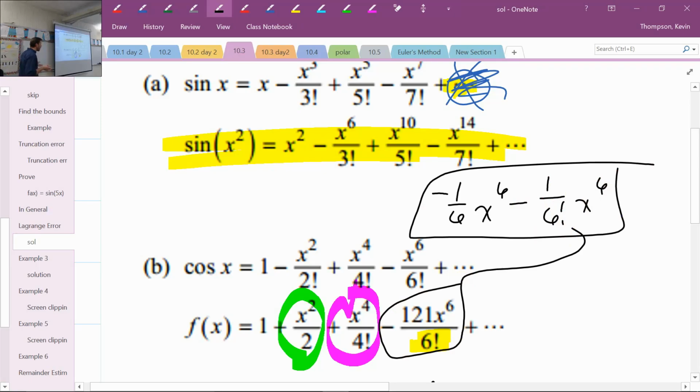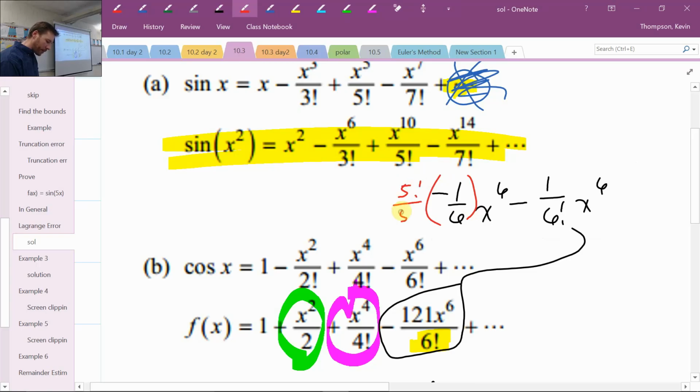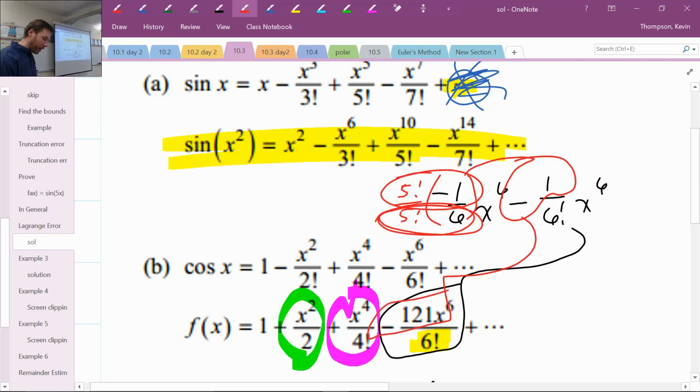We're just combining the like terms together. So if you use your calculator and say minus 1/6 minus 1 over 6 factorial, it's 121 over 6 factorial. So you just think, what do I need to multiply this by? If I'm being clever, couldn't I just take this first fraction and multiply by 5 factorial over 5 factorial? What is my denominator now? 6 factorial. So negative 120 minus 1 is minus 121.